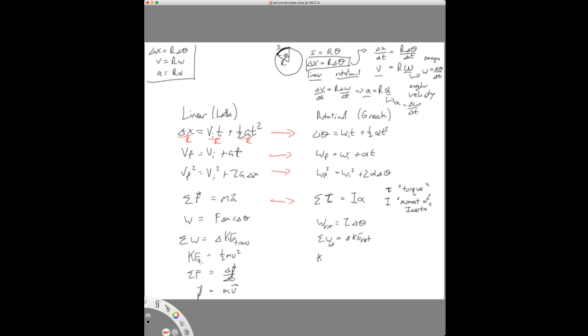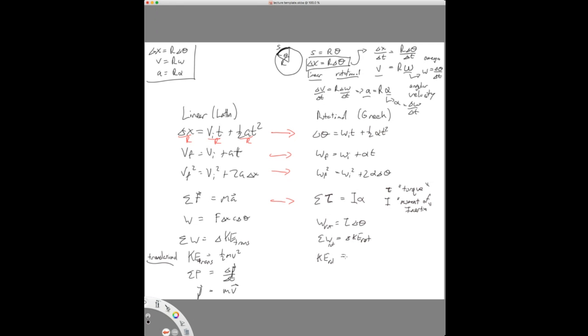So this over here, what we just called kinetic energy before, is called translational. Translate just means move from one place to another, okay? So translational kinetic energy, that's the old stuff.